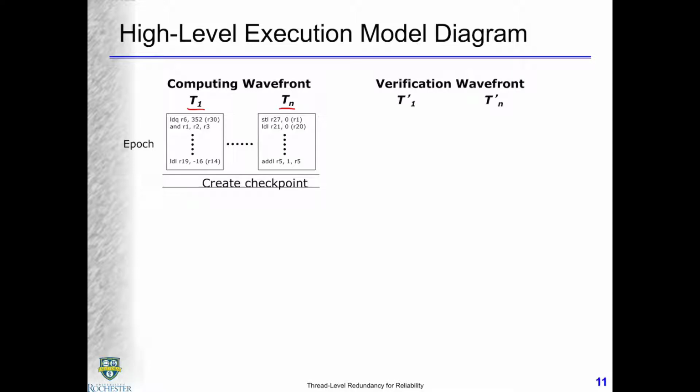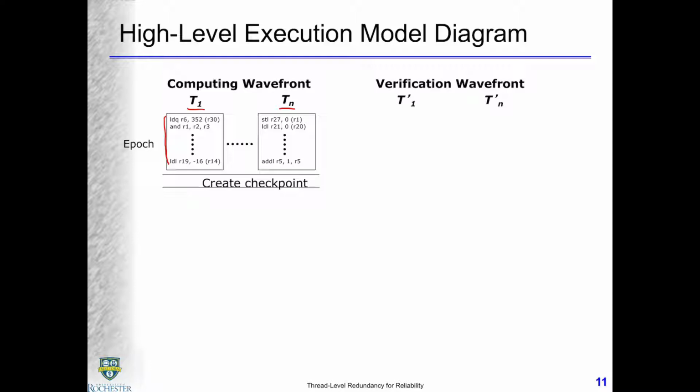And at some point, we take a checkpoint. We stop everyone. And in fact, we don't stop it as in block every stage of the pipeline. The only stage that needs to be blocked is the commit stage. So you've committed these instructions from T1, and now all future instructions can still propagate in the pipeline, executing, loading values, doing whatever they do, but they cannot commit.